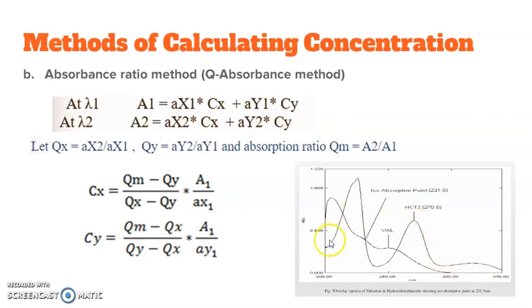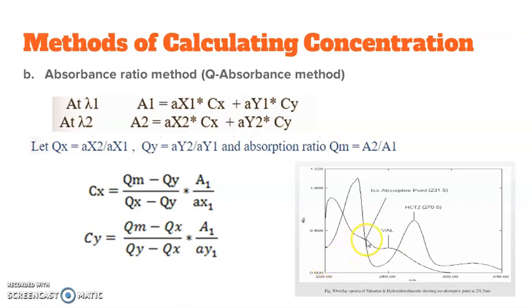These are the UV absorption peaks of these two drugs, which they have plotted as absorbance versus wavelength. And you can see the valsartan peak is coinciding with the hydrochlorothiazide peak somewhere here, and also here. We can take either this or this, but it is recommended to take the one which is at the lower wavelength.